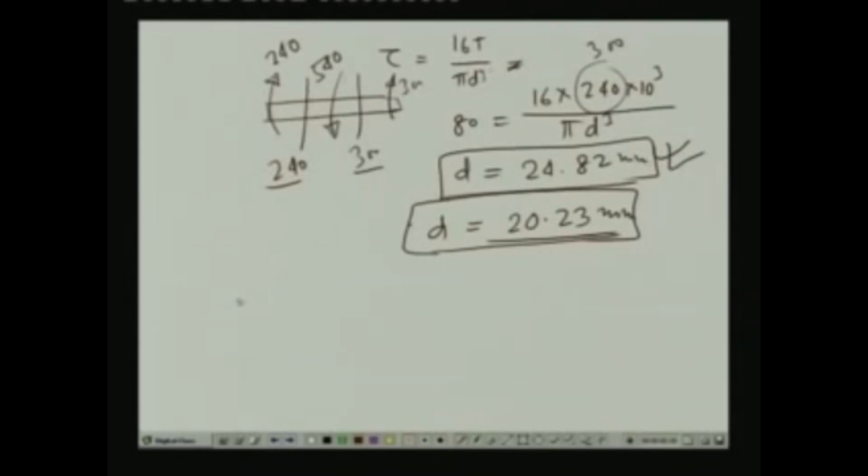Now, if we compute from the point of view of rotation, T by J is equal to G theta by L, where J is equal to pi d4 by 32. Now, in the second case when you compute the value of d, keep in mind that here the shaft is a tubular one, and for a tubular one, as we know, J is equal to pi by 32 times d outer 4 minus d inner 4.